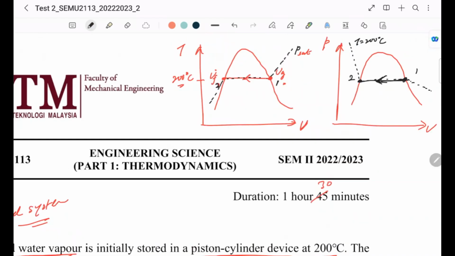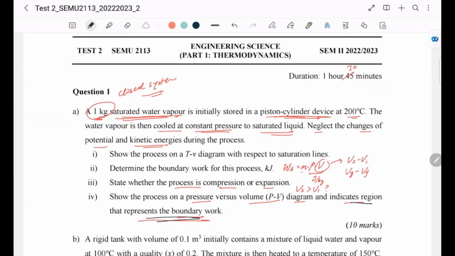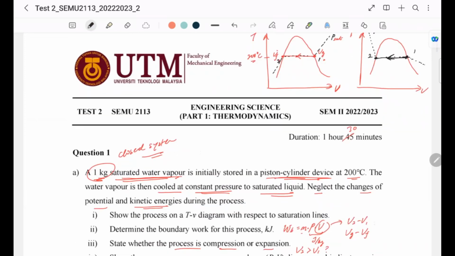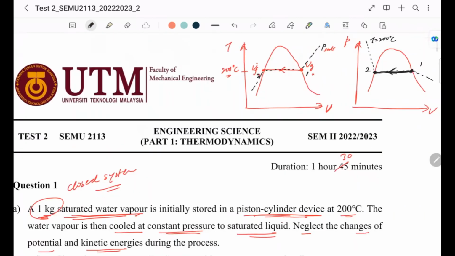And this is only half of the answer. The question is also asking to indicate the region that represents the boundary work. So boundary work is basically P multiplied with volume. So we have this pressure, and this is basically the boundary work.